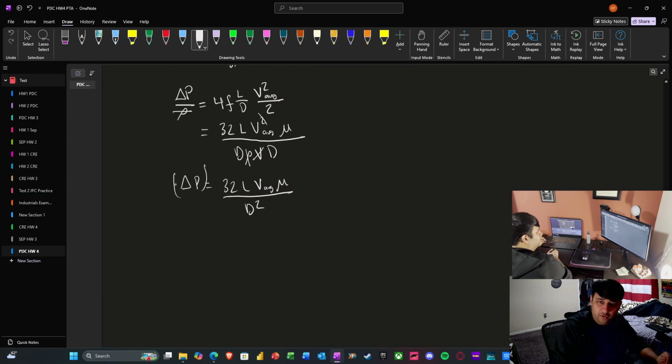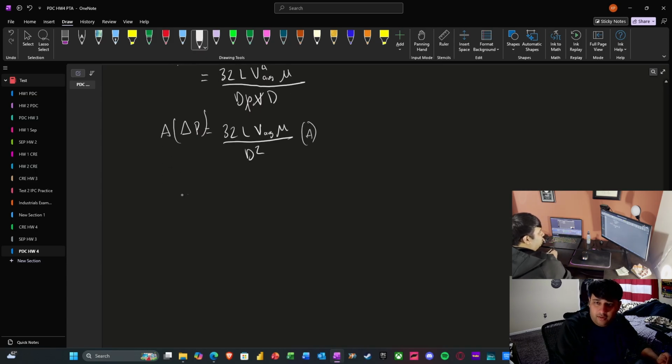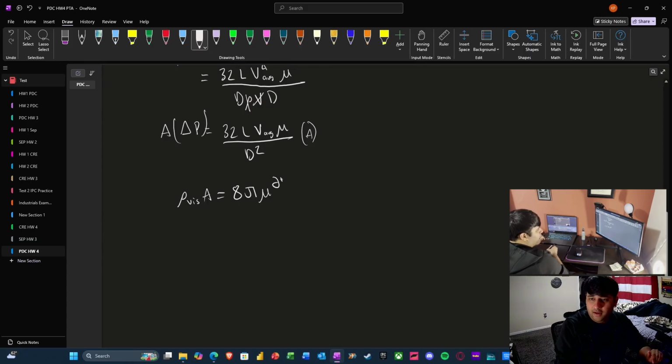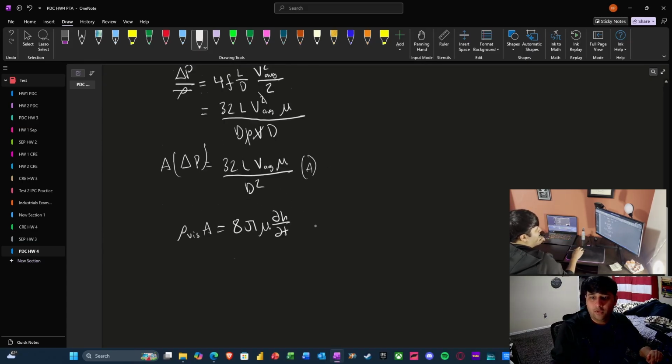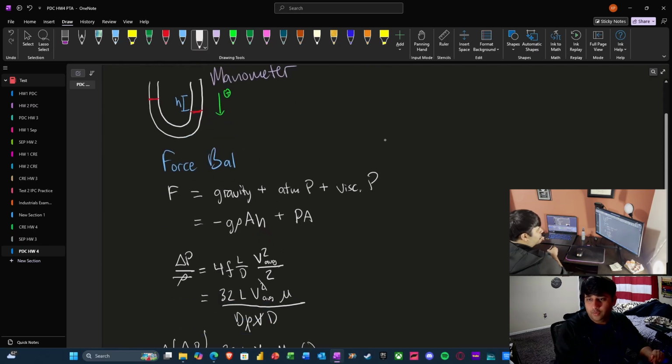What we want to do is then multiply all of this by A. What we end up with is our force for viscous times A, which equals 8 pi times our mu, times dH over dt. So now we can plug this into our equation, 8 pi times mu times dH over dt.